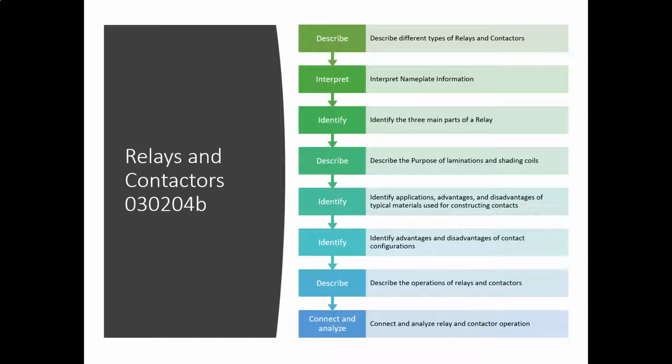We're going to identify application advantages and disadvantages of different materials that you use in the construction of the contacts for either a relay or a contactor. Identify advantages and disadvantages of contact configurations, so how they're laid out. We're going to describe the operation of relays and contactors, and connect and analyze relays and contactor operation.